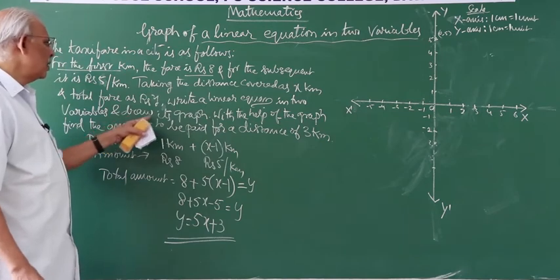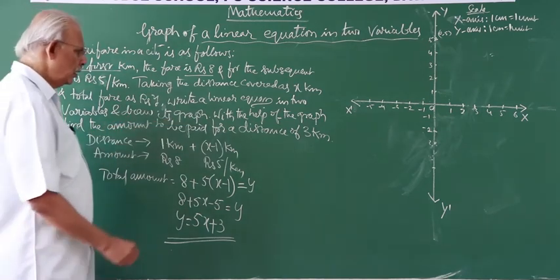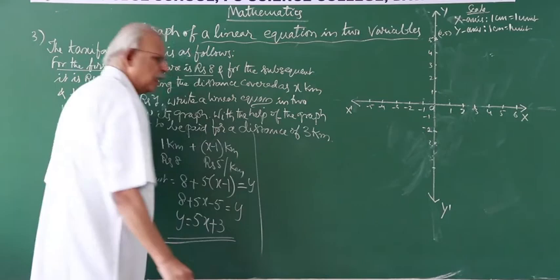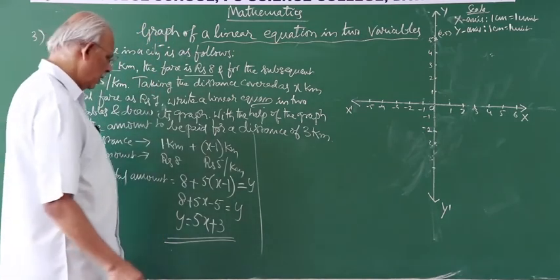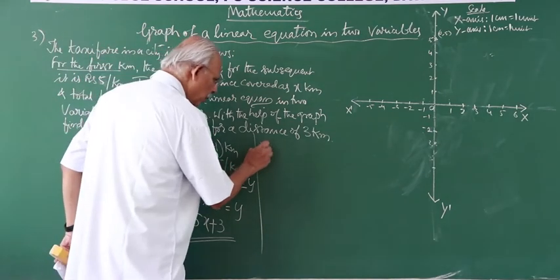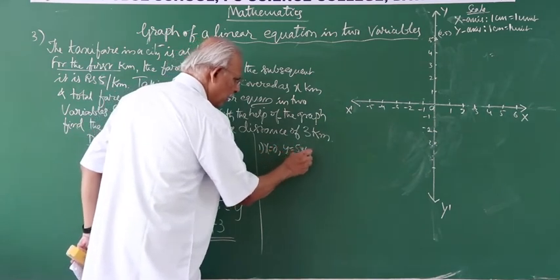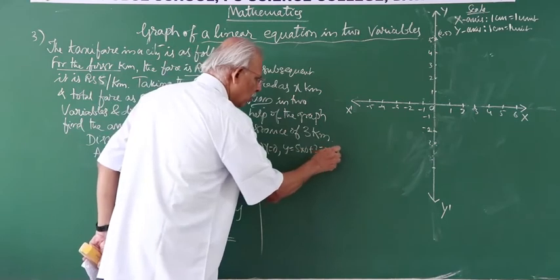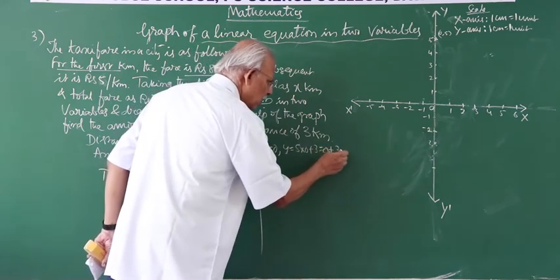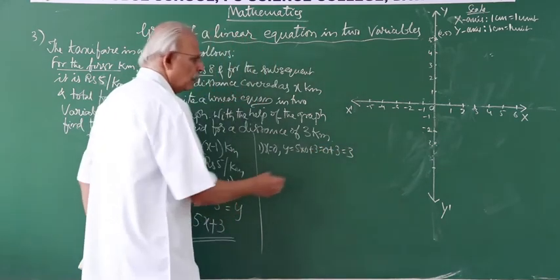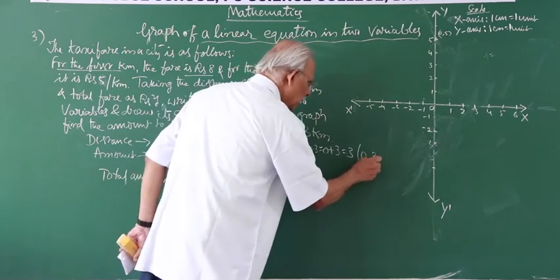Now, what we have to do is draw its graph. So, find 3 pairs of solution values. Point number 1, put x equals 0, y equals 5 into 0 plus 3, that is 0 plus 3, which is equal to 3. For 0, it is 3.